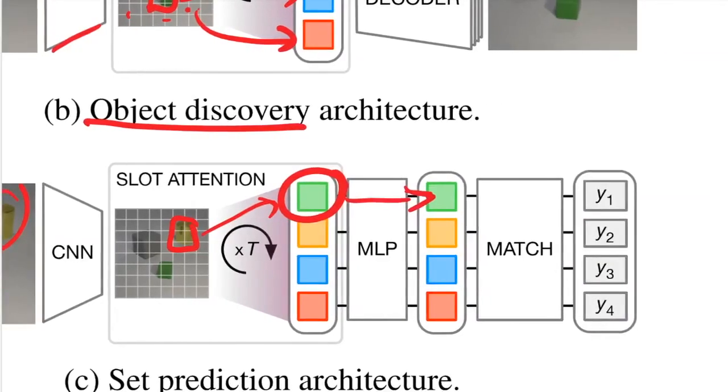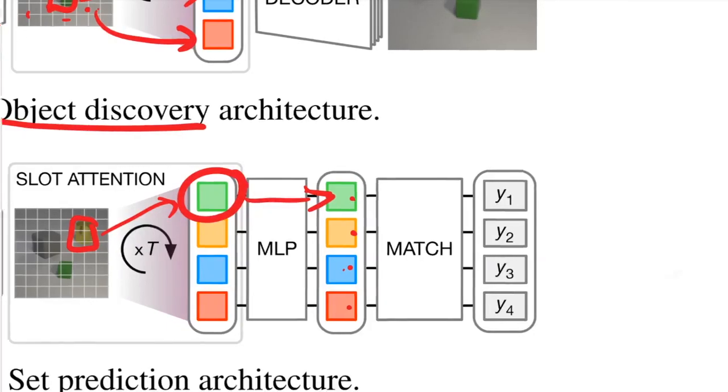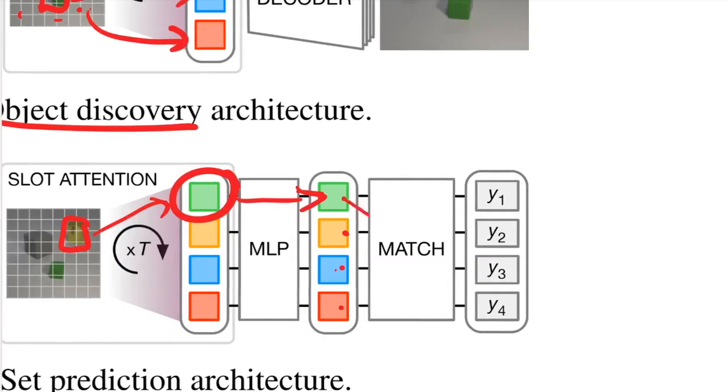So we're almost at the end. You now predict for each slot a class or a description of the object, whatever you want to predict. And this is the exact same thing as in this Facebook paper, where for each of these slots we've predicted a bounding box. The question is, how do you assign this to the labels? And that's pretty easy.